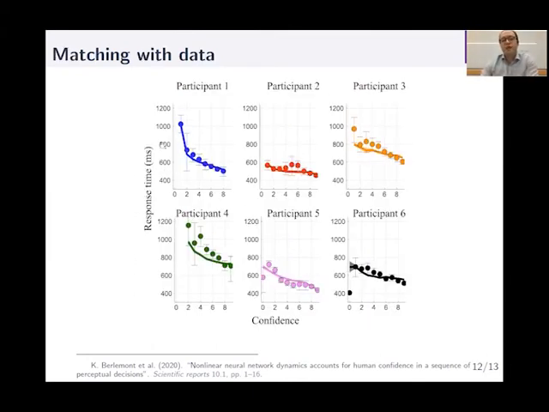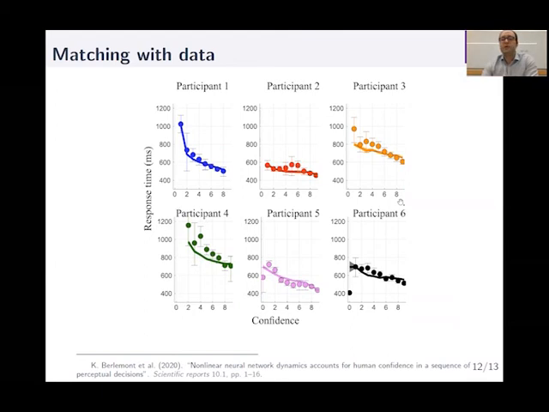So here, it's the same figure as at the beginning, but I add lines, and the lines represent the numerical simulation using the model for the reported confidence. And you can see that despite not being fitted on confidence, the attractor network is able to reproduce the relation between response time and confidence, both qualitatively and quantitatively, and despite the fact that all participants have different relationships.